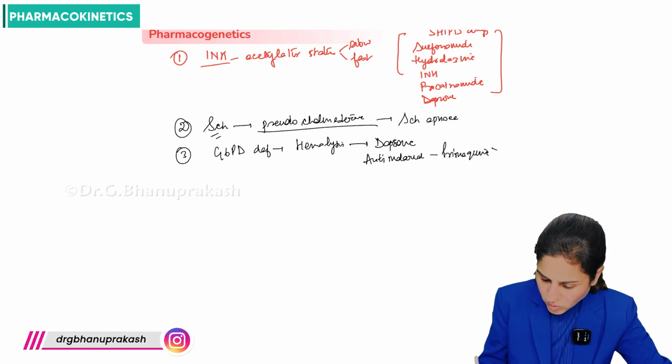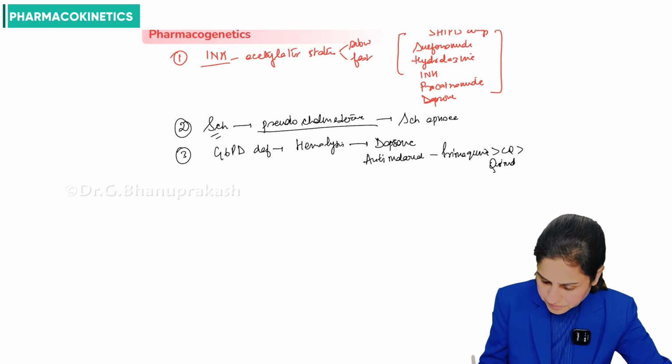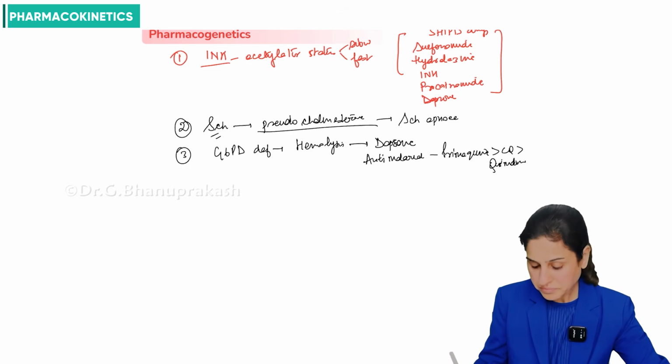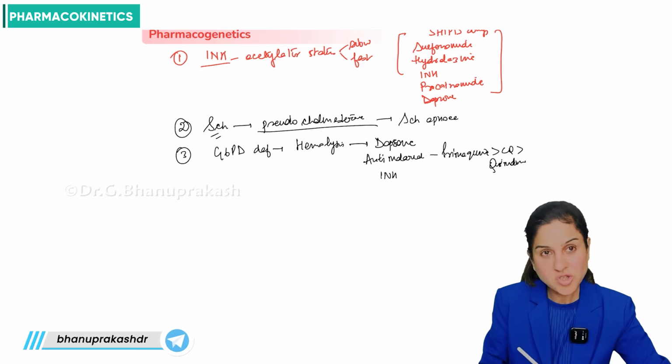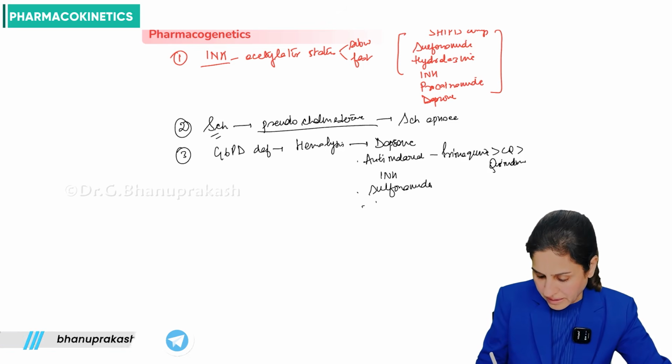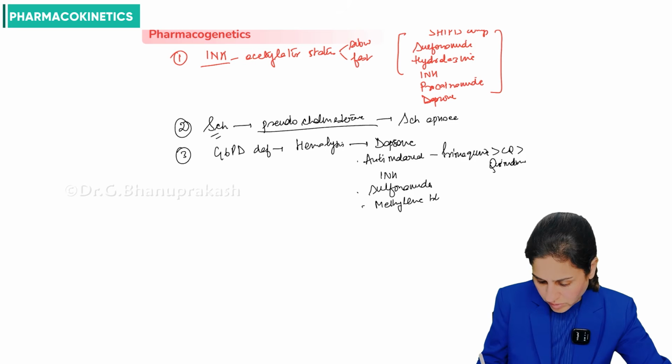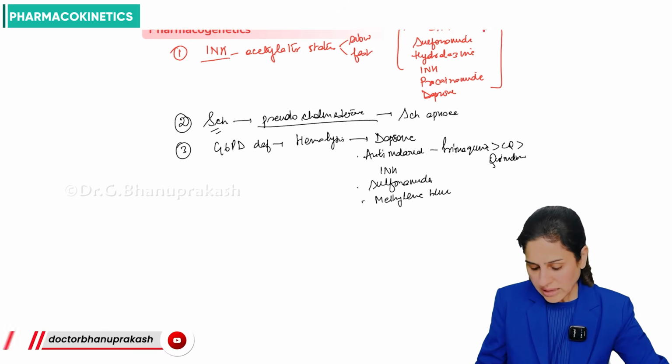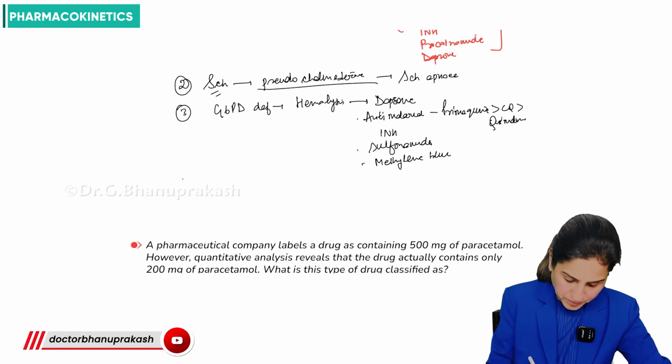Primaquine more than chloroquine and more than quinine or quinidine. Then INH, then sulfonamides, right? Then we have methylene blue. Okay, so these are the important examples.